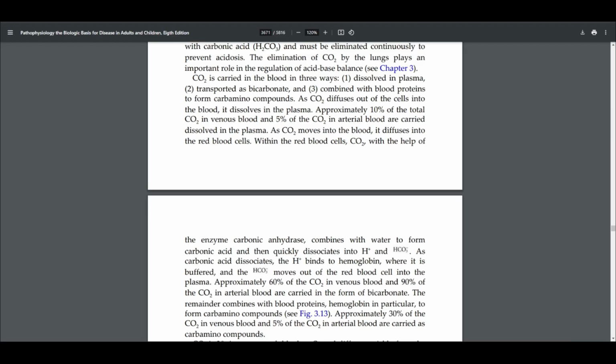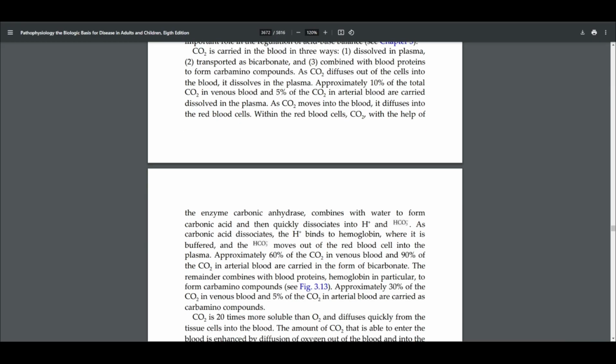As CO2 diffuses out of the cells into the blood, it dissolves in the plasma. Approximately 10% of the total CO2 in venous blood and 5% of the CO2 in arterial blood are carried dissolved in the plasma. As CO2 moves into the blood, it diffuses into the red blood cells.